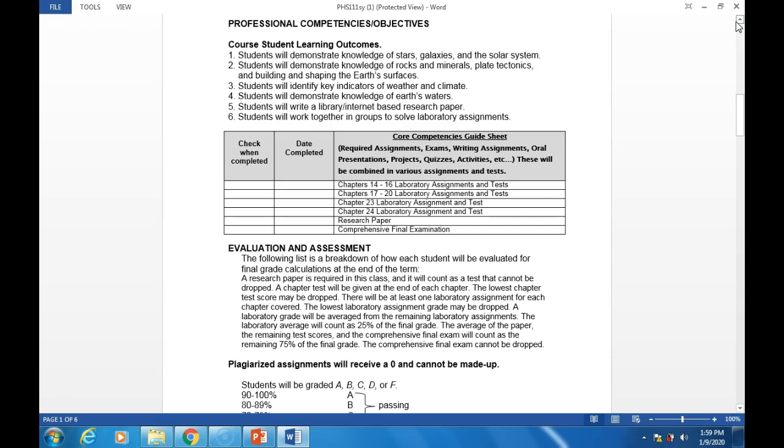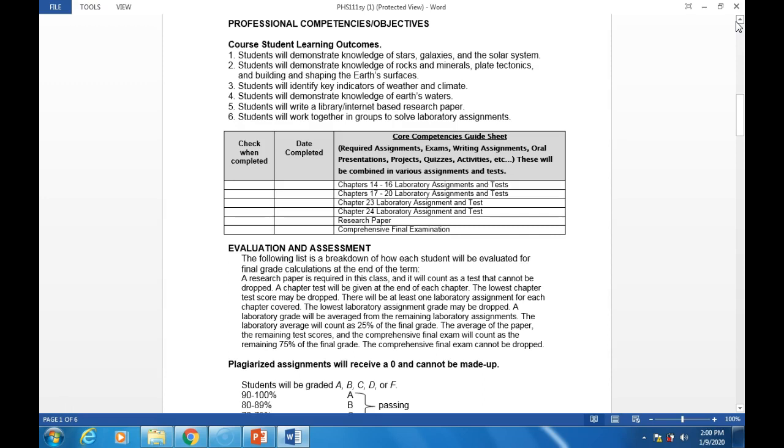So here's how I evaluate you based on these outcomes, okay? The research paper is required for the class. It will count as a test, but that test cannot be dropped. The research paper is required, okay? So everybody has to do that. A chapter test will be given at the end of each chapter.